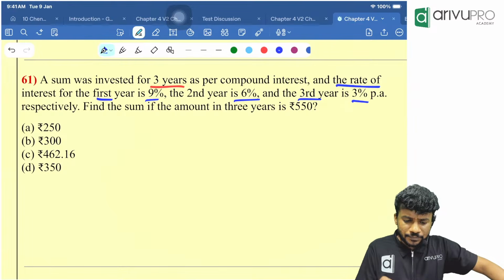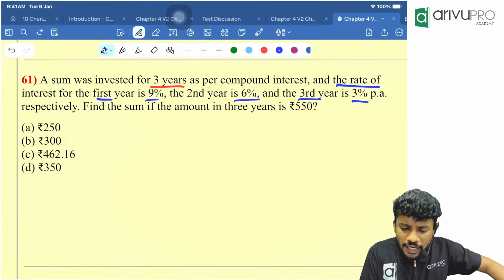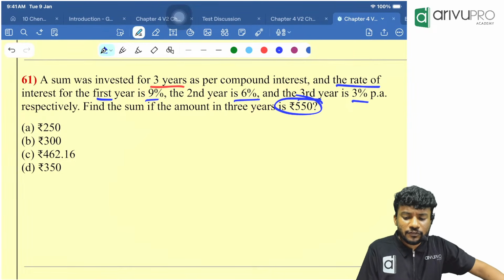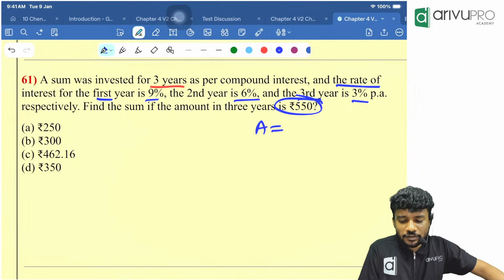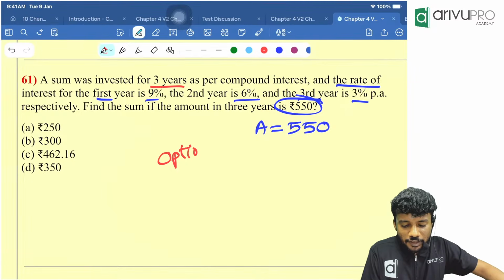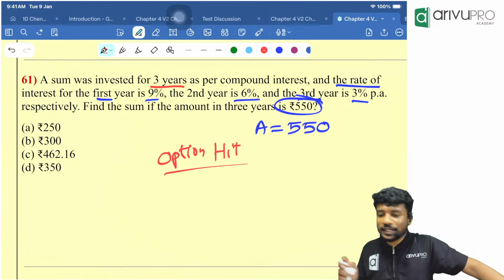Then the amount in 3 years is 550. That means the amount is given. Now, people, what is the easiest method when the amount is given? Option hit. Take option by option, and you will get the answer.